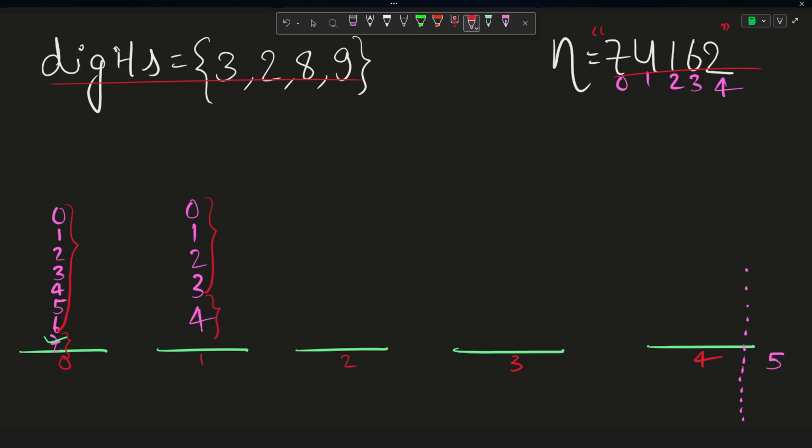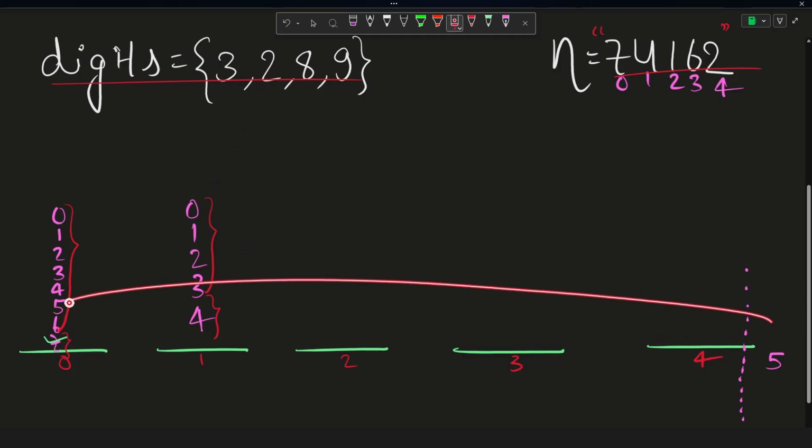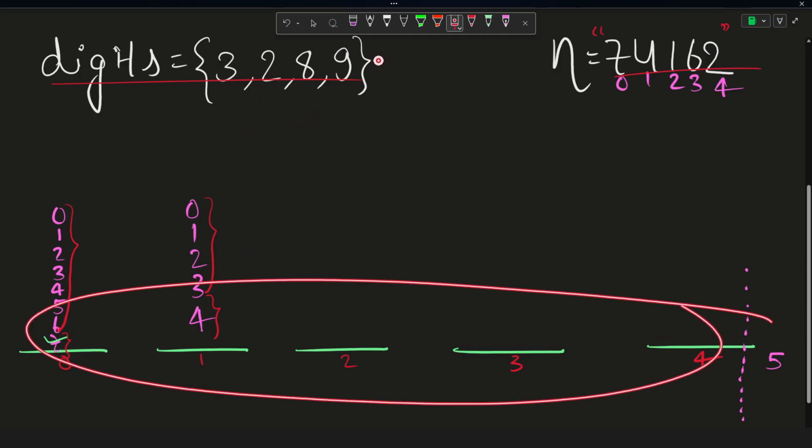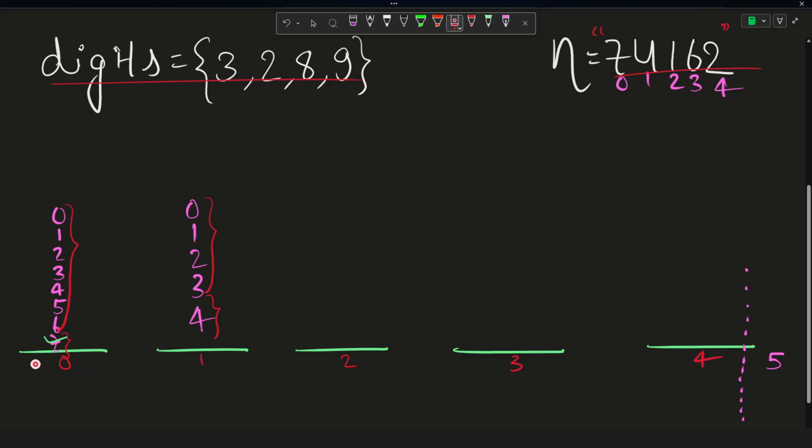But we have already made a very big mistake, and intentionally I have not told you until now. You remember in the question it was told clearly that whatever integer you form, you will only be forming using the digits given in this digits array. But here, when I picked the digit for the 0th index, I picked 7.